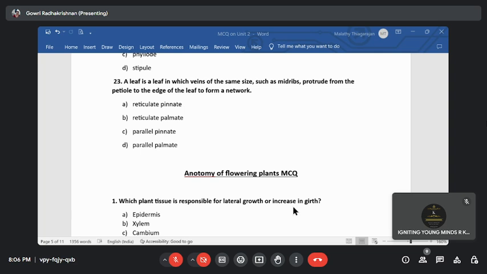Ma'am, option B, reticulate pinnate. Yes, reticulate pinnate is the correct answer. The type of leaf in which equally strong veins arise from the petiole towards the margin of the leaf, forming a network, is called reticulate pinnate.